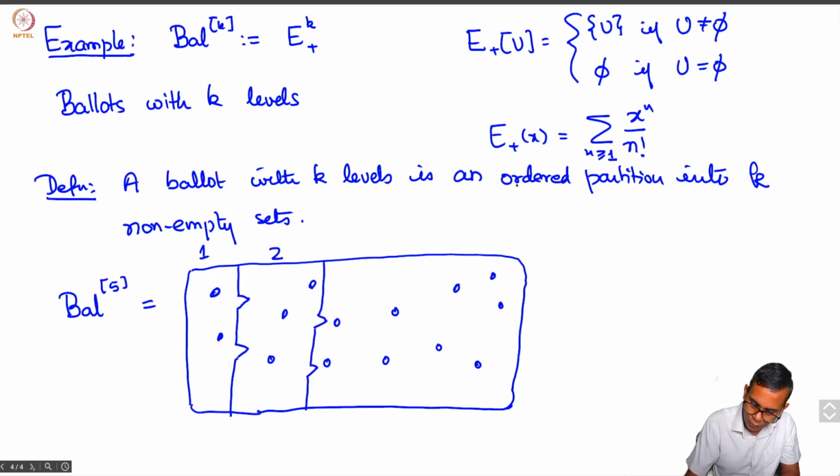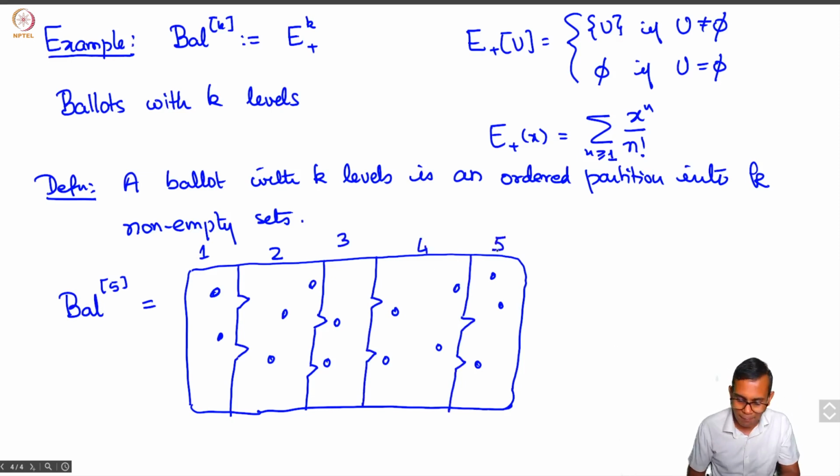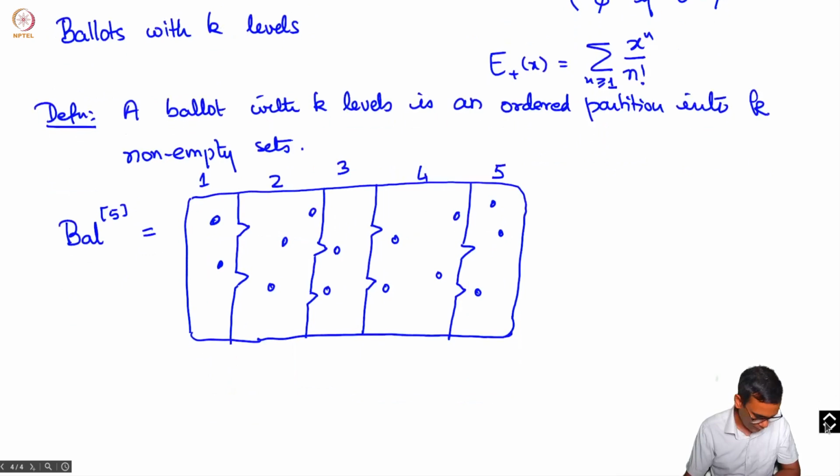And here ordered means that, unlike set partitions, the subsets come in a certain order. So you can distinguish between the first block, the second block, the third block, and so on. So this is an example of a ballot structure with 5 levels on a set U.